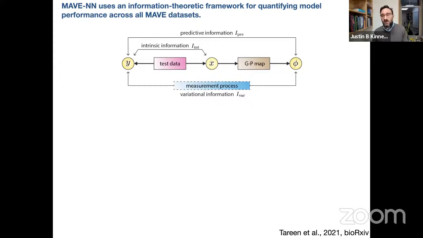This information theoretic framework does handle all types of possible MAVE datasets. So I'm going to describe how this framework works.